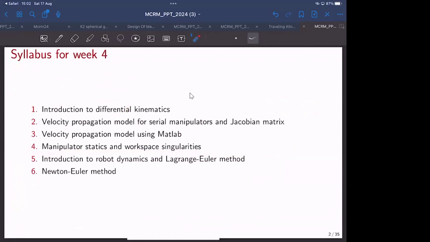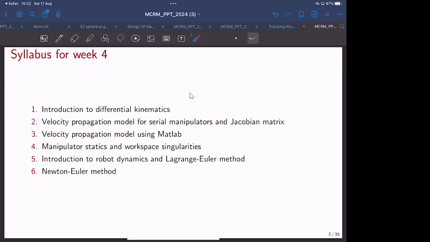Velocity propagation model basically covers how the linear as well as angular velocity propagates from base to the end effector for any kind of robotic manipulators. And also, Professor Shantakumar has demonstrated how to perform a velocity propagation for any such manipulator using MATLAB.